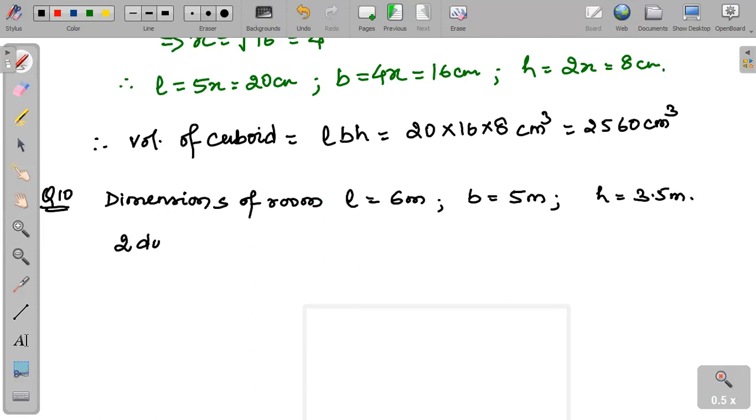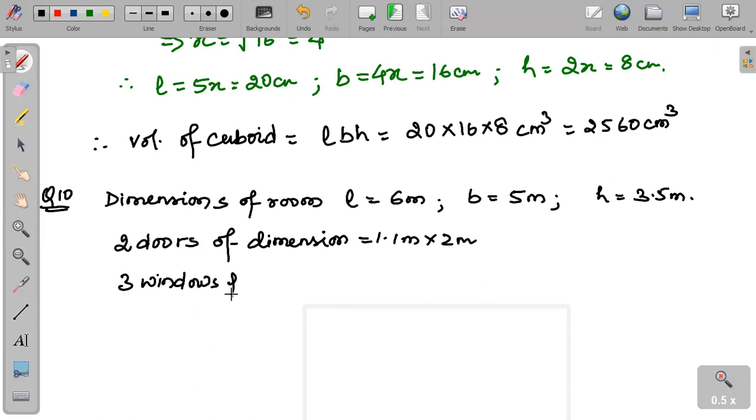Two doors of dimension is equal to 1.1 meter into 2 meter and three windows of dimension 1.5 into 1.4 meter.